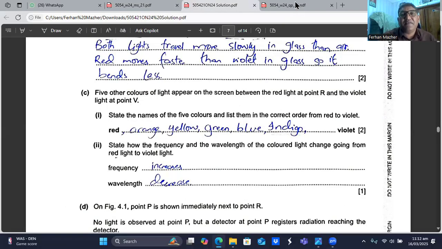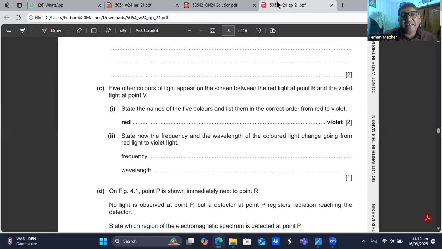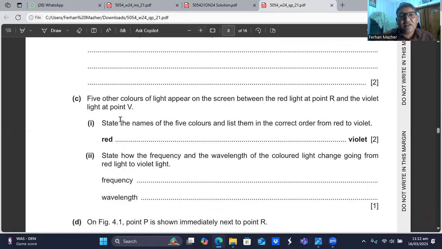Then the question is, state how the frequency and the wavelength of the colored light change going from red light to violet light. As you go from the red to the violet, the wavelength decreases and the frequency increases.